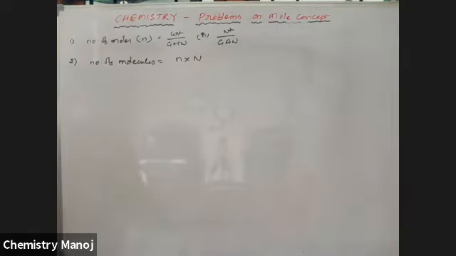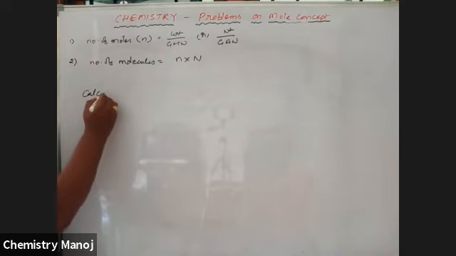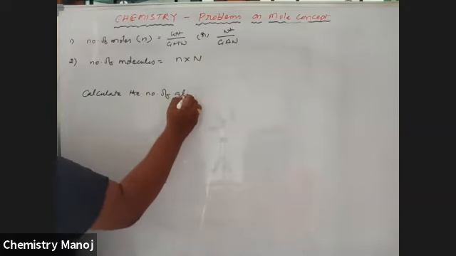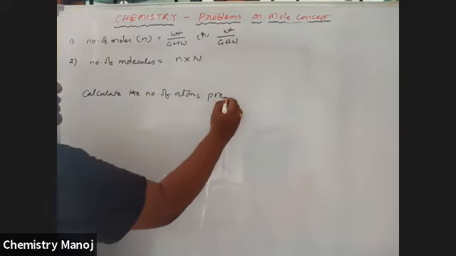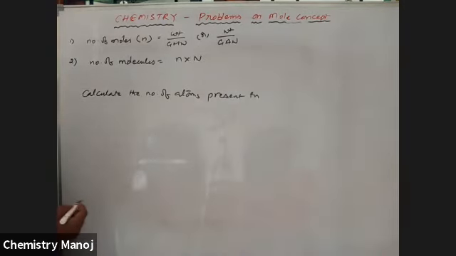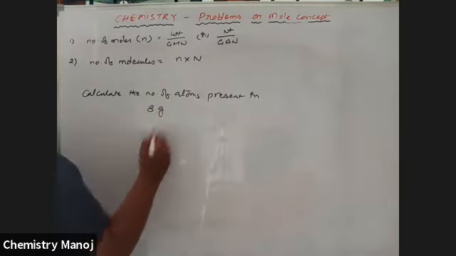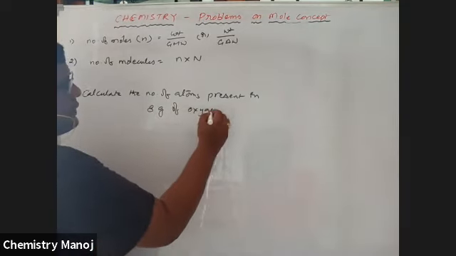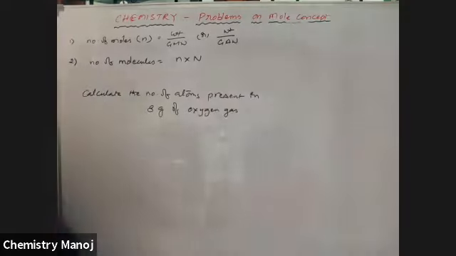What is that? Calculate the number of atoms present in 8 grams of oxygen gas.